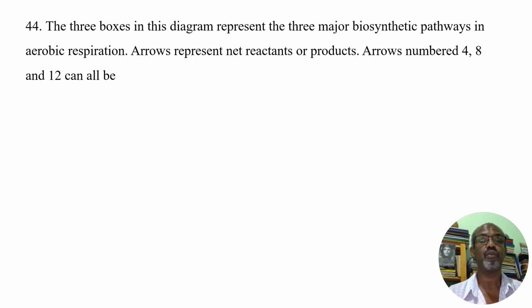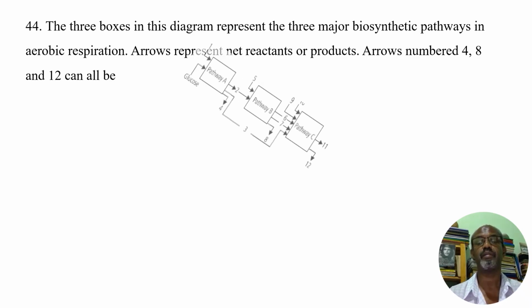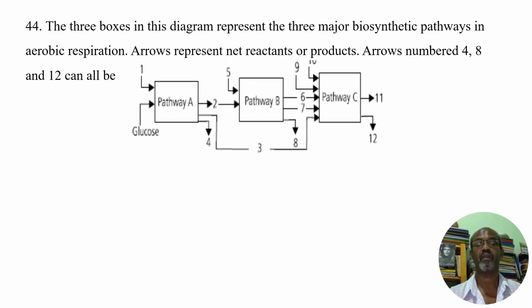44. The 3 boxes in this diagram represent the 3 major pathways in aerobic respiration. Arrows represent net reactant or product. Arrows number 4, 8, and 12 can all be, you see, for the three major pathways. Glycolysis here, in aerobic respiration.